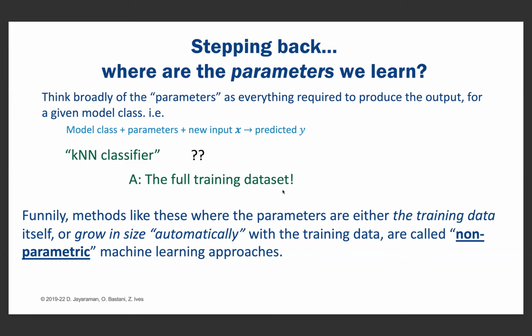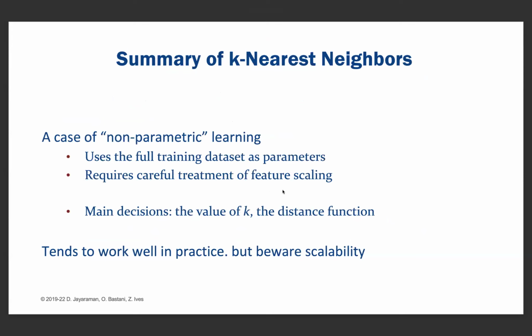But these methods are quite useful, very simple, and work very well. The main thing one needs to find out is the appropriate number of neighbors. You play with the distances, you play with the k, and you find what works.